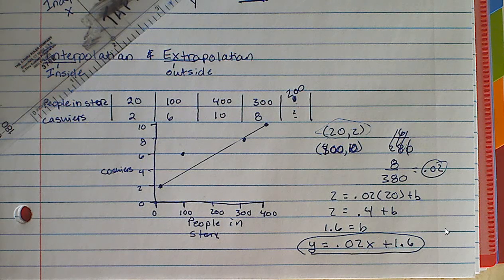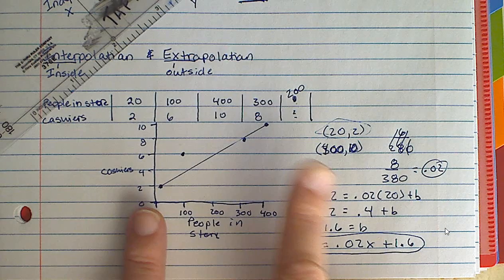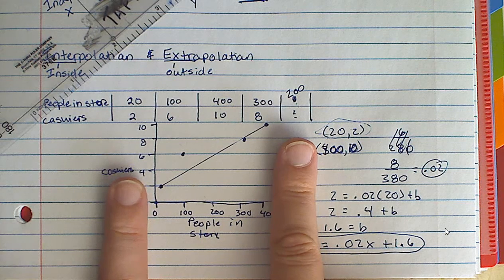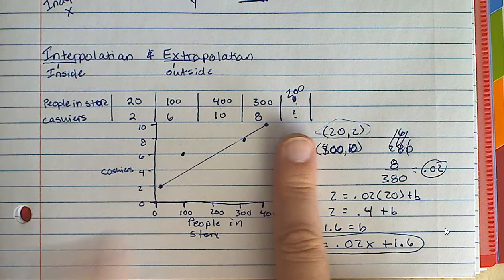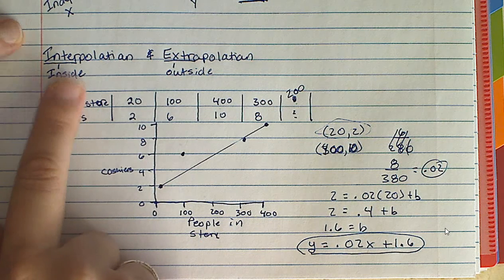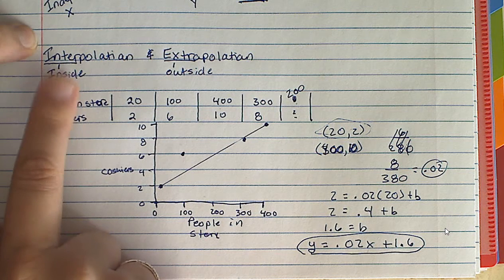And I need to figure out how many cashiers I should schedule. So if I'm going to have 200 people at that point in time, 200 people fits right here. Now, is 200 people inside the data that's already there? Yes. Okay. If it's inside the data that's already there, that's called interpolation.